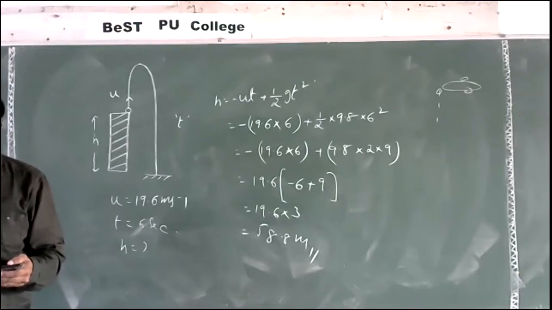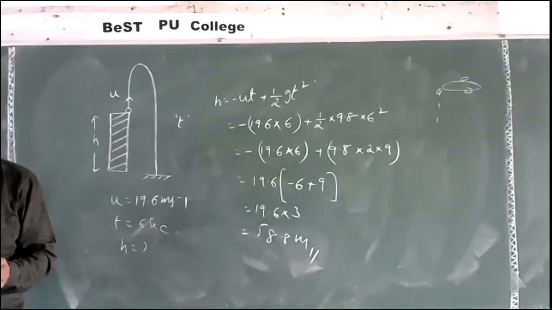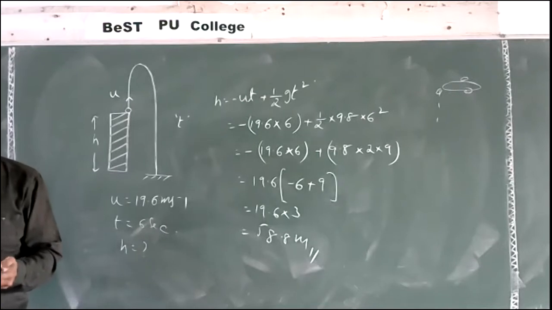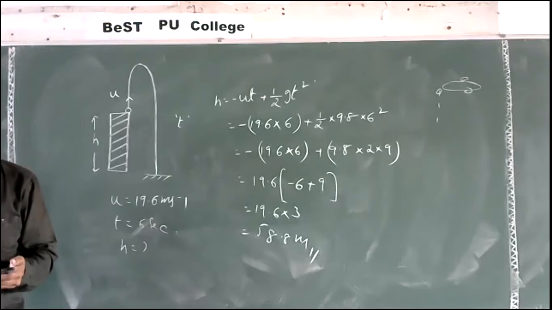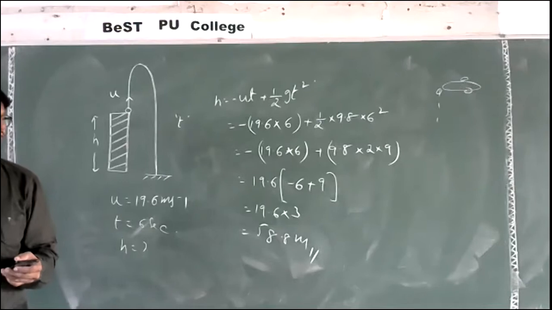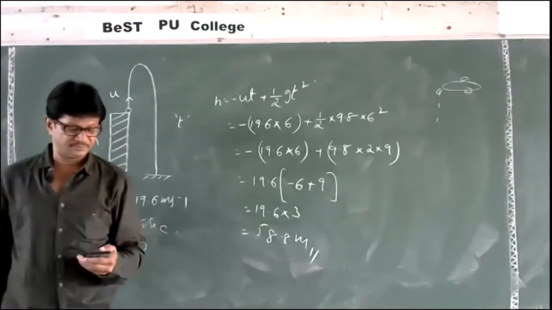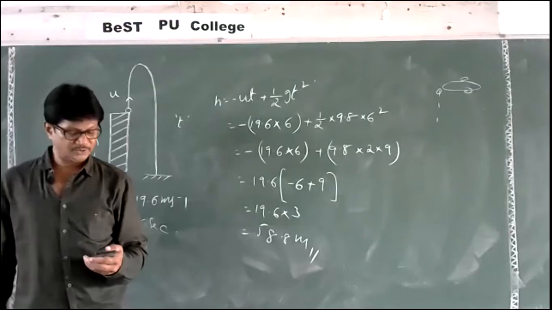The height of the point from where the ball is thrown is 25 meters from the ground, full stop.